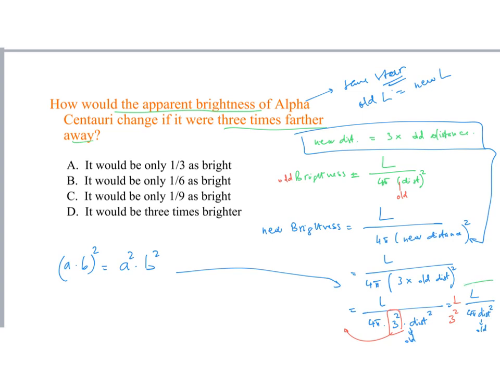What is luminosity over 4 pi old distance squared? That's going to be the old brightness, right? So what do we get? If we continue here, it's going to be 1 over 9, and it's going to be old brightness.